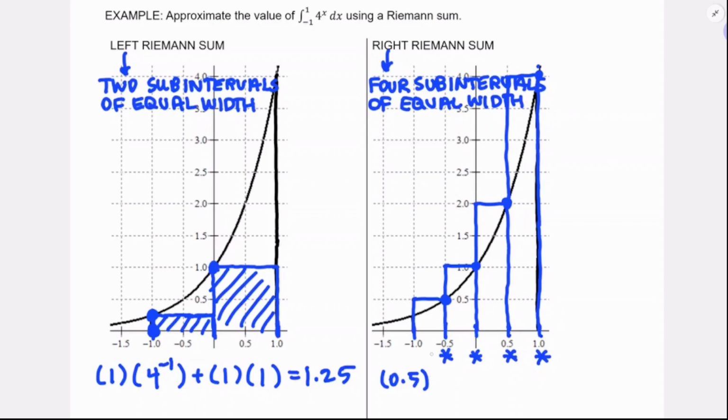The height of the first one was 0.5. The height of the second rectangle is 1. The height of the third rectangle is 2. And the height of the fourth rectangle is, what's that, 4. Yeah, because it's 4 to the first power.